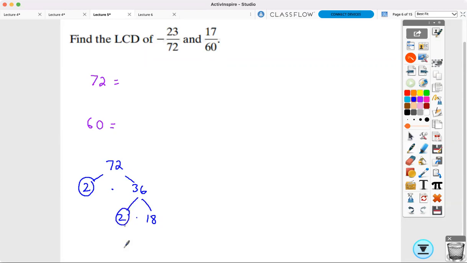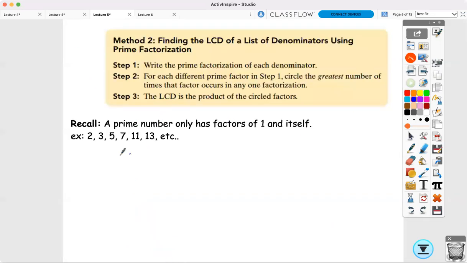So this is another prime. 18 is the same thing as 2 times 9. And 9 is the same thing as 3 times 3. And the 3s are both primes. If it's in that list over here, you're gonna circle it, guys, when you get there.